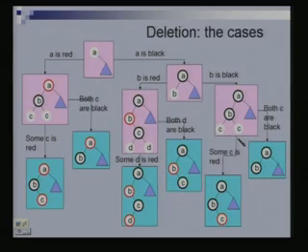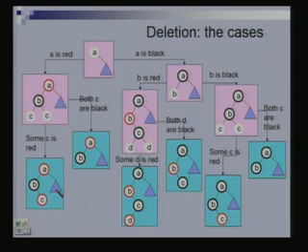Sorry, one of them is red, then I will have this, and when both are black, I will have this. So, this is just a starting picture to show you that there will be 6 cases that we will be looking at, and we will see what the tree reorganization has to be done. I am going to refer to this as case 1.1, 1.2, this will be 2.1.1, and so on.